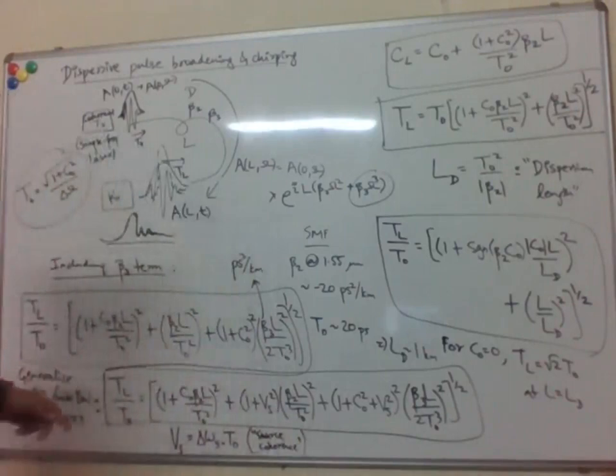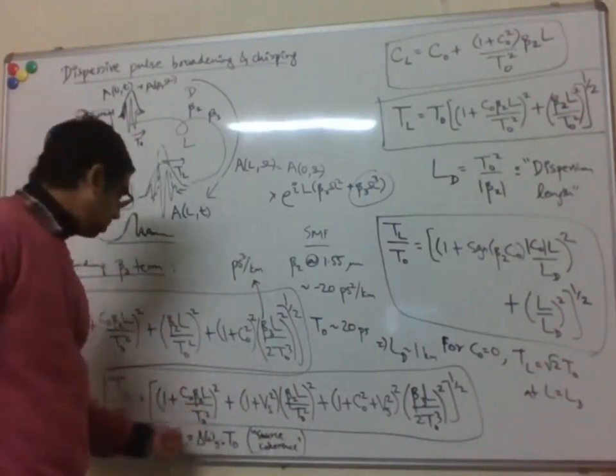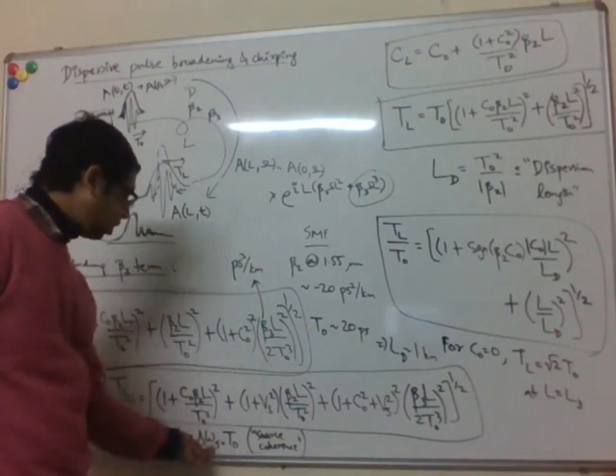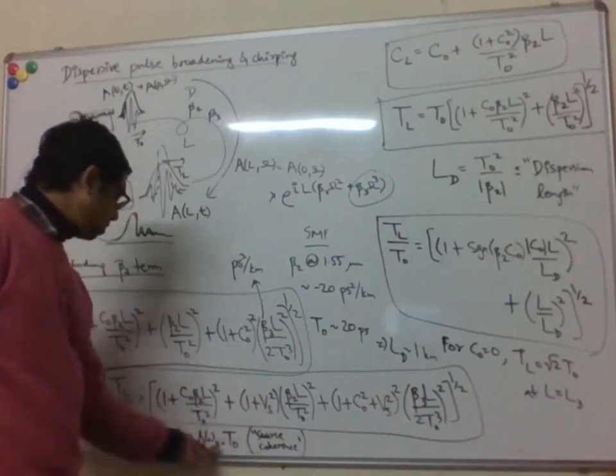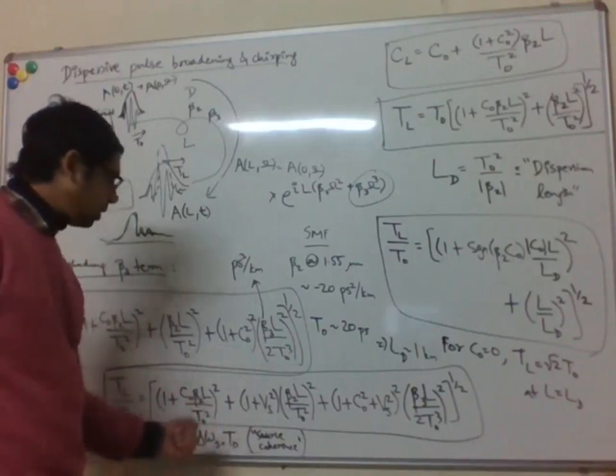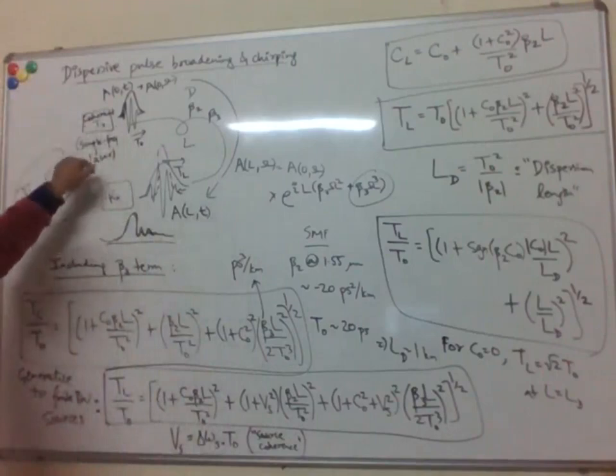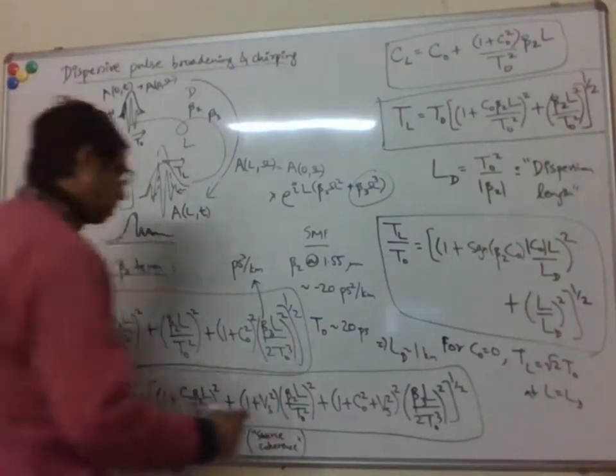If this number is very small, much less than 1, meaning delta omega s is approaching 0, much smaller than 1 over T naught, then that is what we mean by a coherent source, like a single frequency laser.